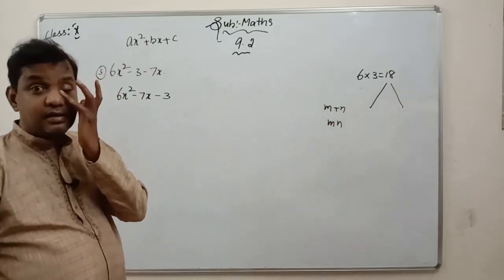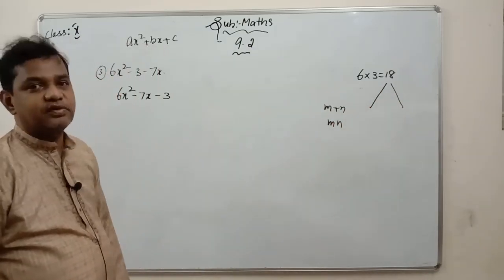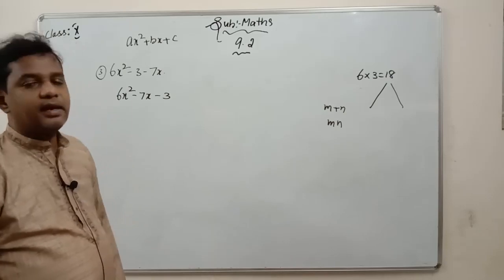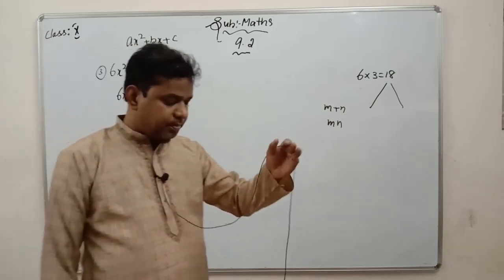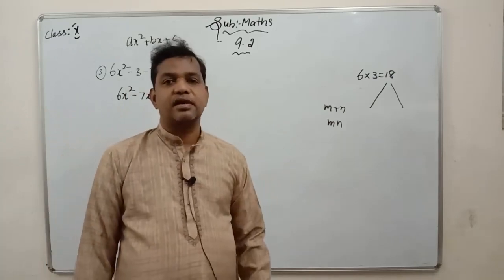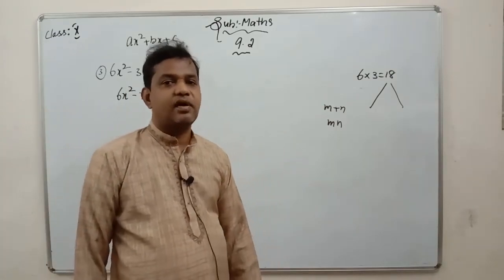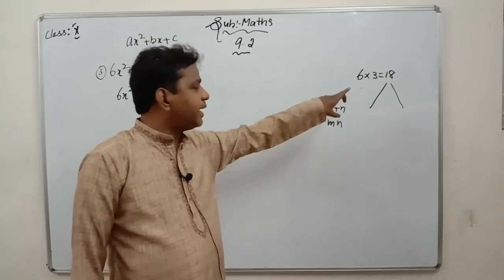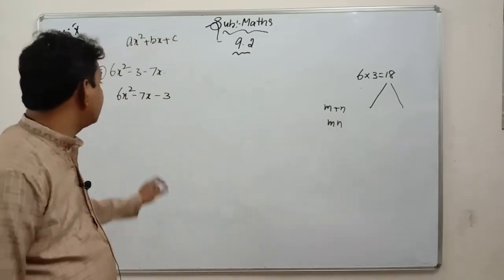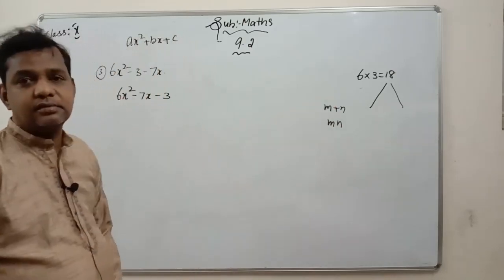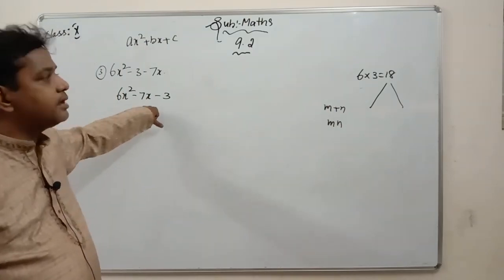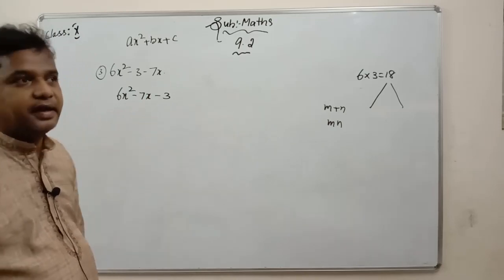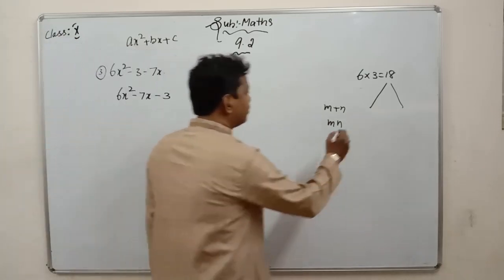You have to split the middle term in this way. So 18 can be written, that's why you have to be perfect with the tables also. Many times I told you, be perfect with the tables and also with the formulas. So now here 18 is given. Then how will we write 18, so that you must get 7 here? If you add, you must get 7 here, and if you multiply, you must get 18 here. So I can write 9 into 2.